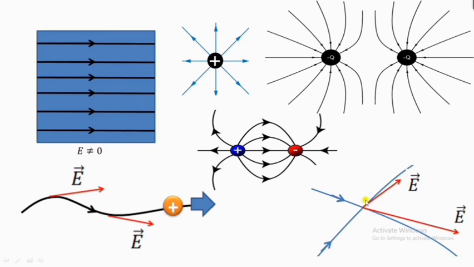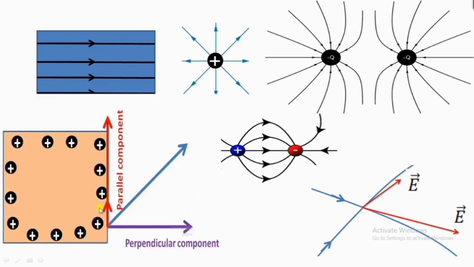If they cross, then there will be two directions of electric field, which is not possible. And they always start from positive and end at negative. If there is no pair of charges, then they will end or start at infinity.